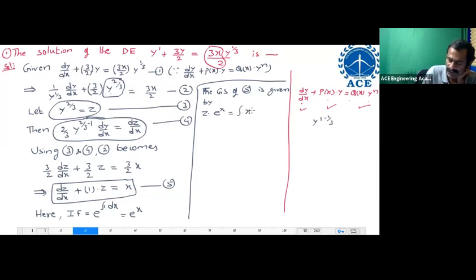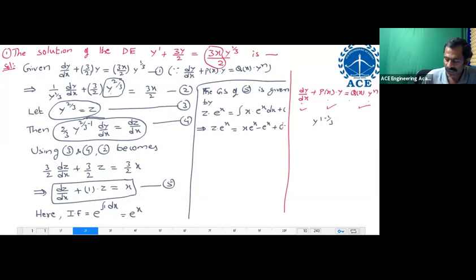Here q of x is x into integrating factor e power x dx plus c, which implies z into e power x equals the integral of x into e power x. By using the integration by parts formula, its integral is x into e power x minus e power x plus c.